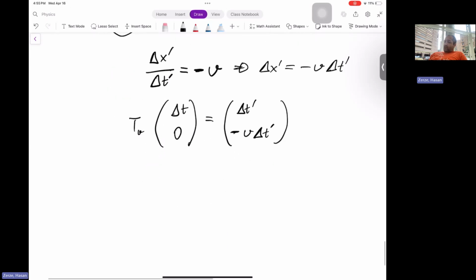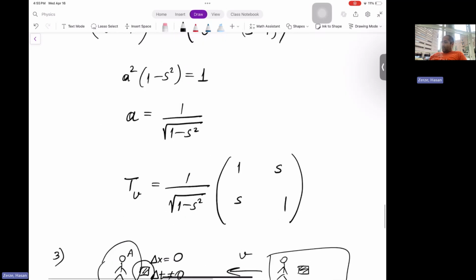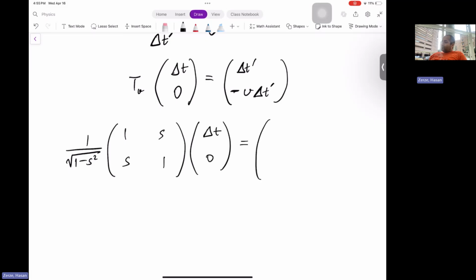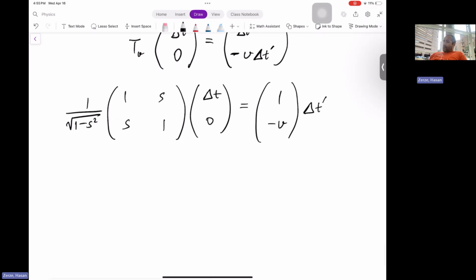Okay. With this, we can write down what we have found for TVs so far. So I'm going to place this one in this equation. 1 over square root of 1 minus s squared, 1 s, and then we find delta t, 0. And this must be equal to 1 minus v times delta t prime. Now let's see.